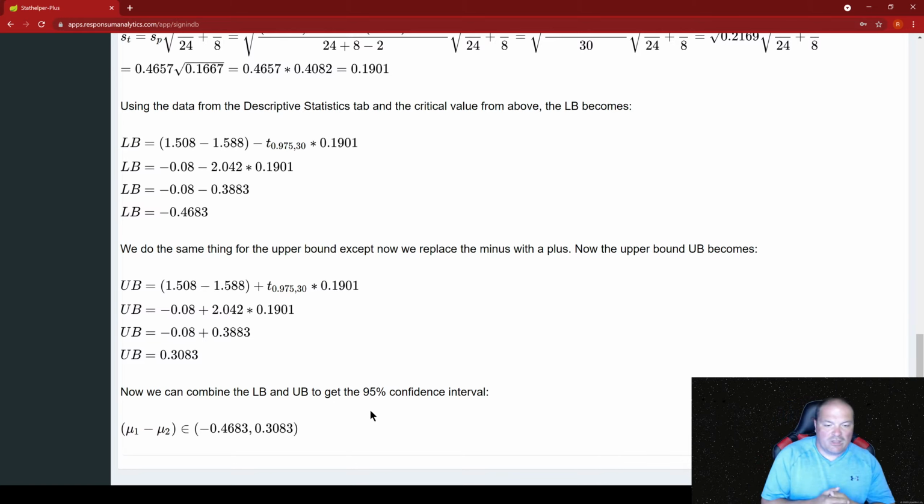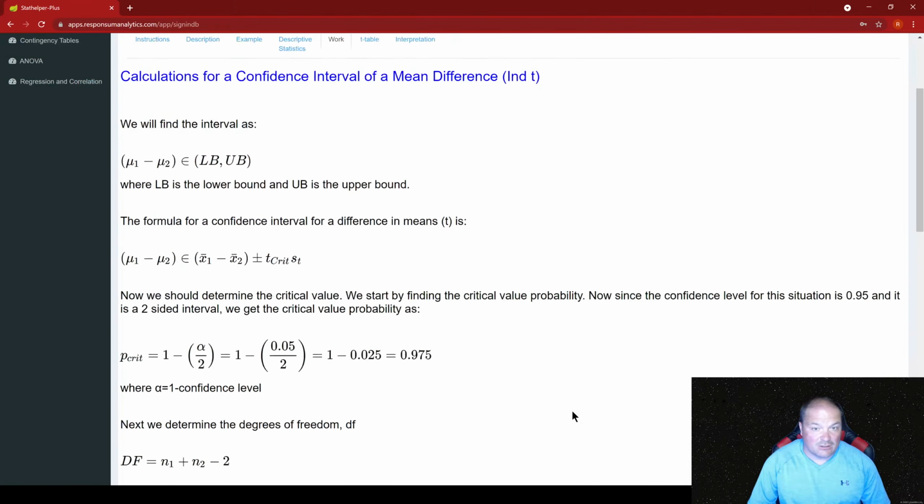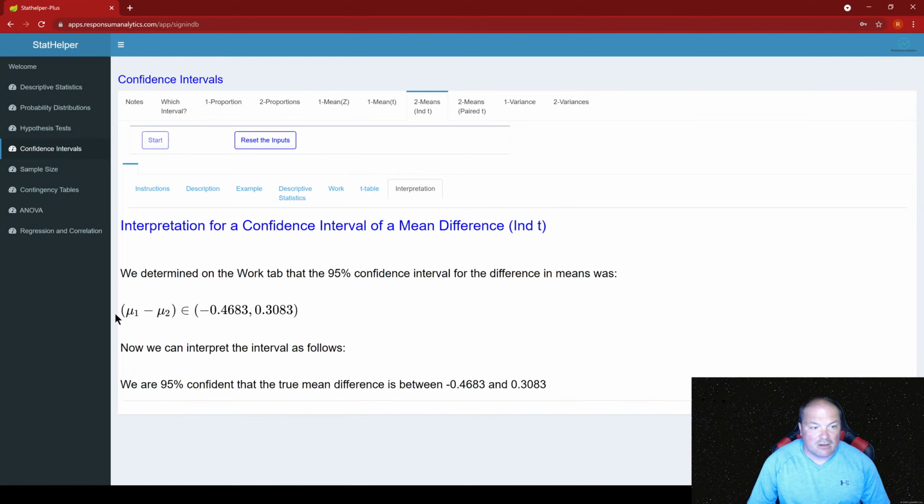Now one more thing I want to make very clear about confidence intervals. What I just did is not an interpretation of a confidence interval. All I did was use a confidence interval to run a hypothesis test. If you're asked for the interpretation of a confidence interval, then you should go to interpretation and say, we're 95% confident that the true mean difference is between negative 0.4683 and 0.3083.